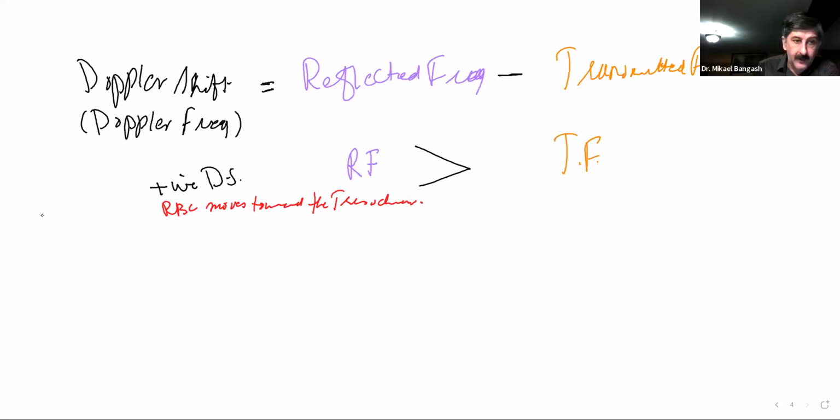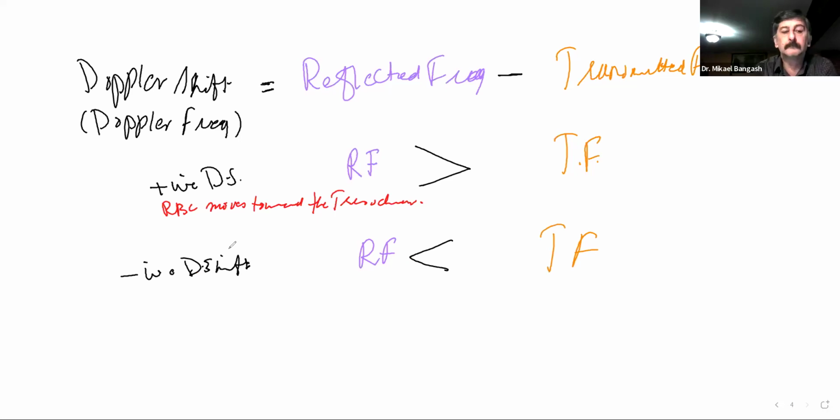Whereas on the other hand, if we said it the other way around, that your reflected frequency is lesser than the transmitted frequency, that is going to give us what you would call a negative Doppler shift. And what did we mean by a negative Doppler shift?